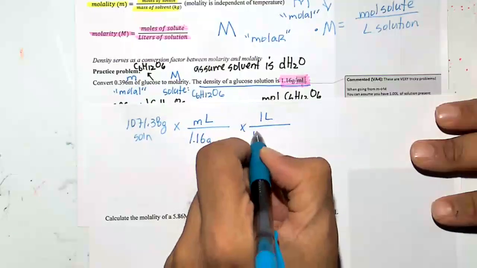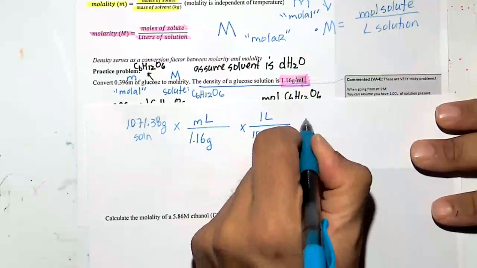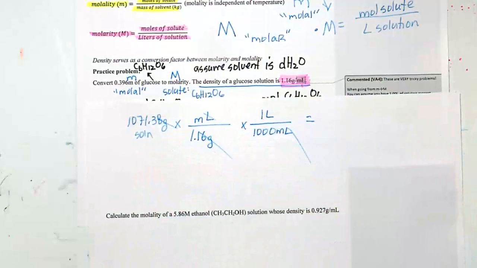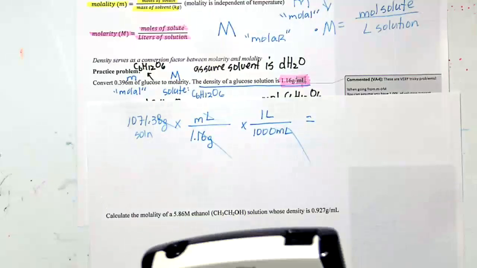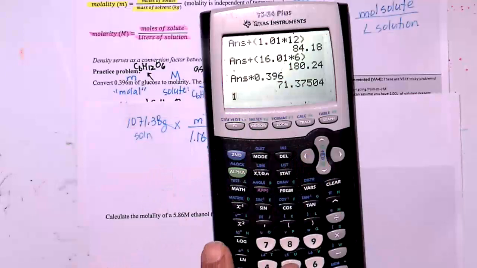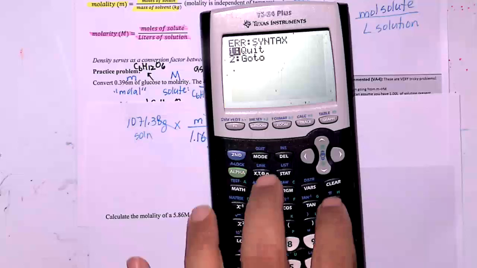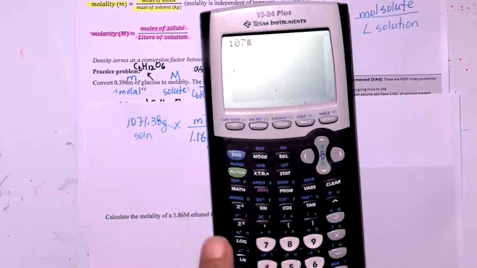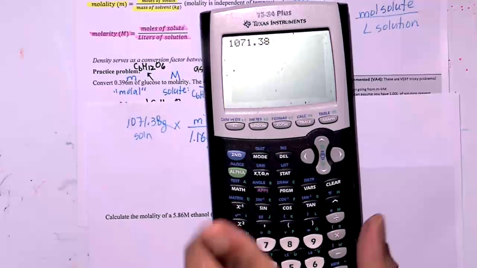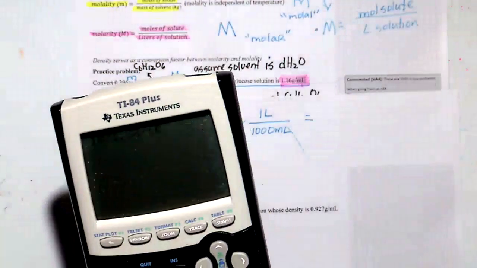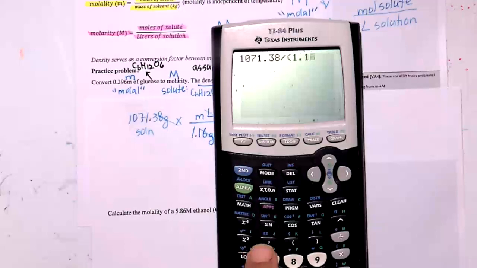What is it? It's 1 liter is 1,000 milliliters. Grams, mils cancel. So 1,071.38 divided by 1.16 times 1,000.